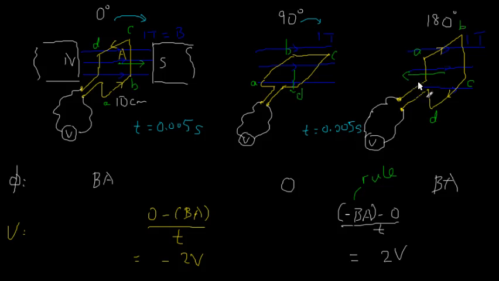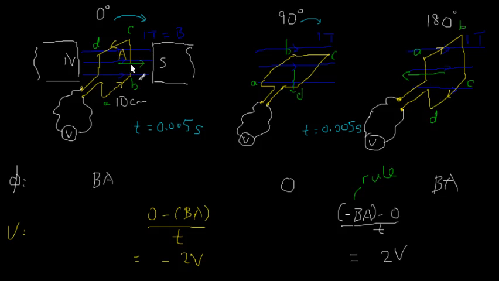Okay, so what I'm doing is I'm just using this rule. If you like, I'm just using this arrow as a way to keep track of whether this face of the loop is on the right side or on the left side. So by following one side of the loop and checking whether it's on the right side or on the left side, we can use this idea to give a sign.